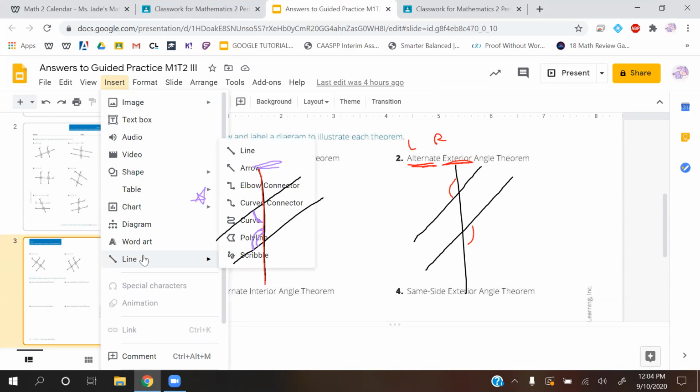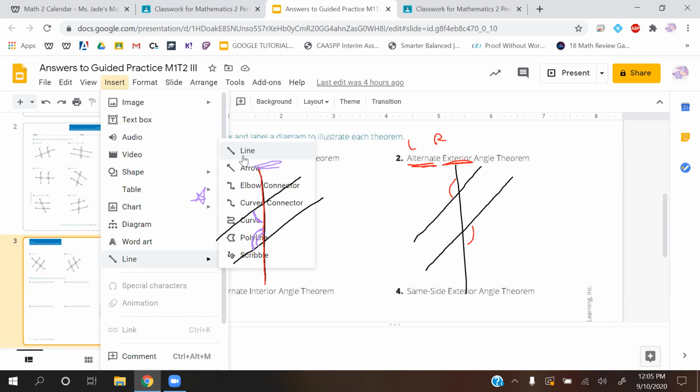You can insert lines, and then you can insert scribbles to draw on it. The scribbles can be you drawing these little red parts, the angles, and then inserting lines to draw your lines. So that's how you can draw on it. Oh yeah, good job. Okay, I'm sorry I took so long to respond to that. I was looking more at my computer than my iPad.